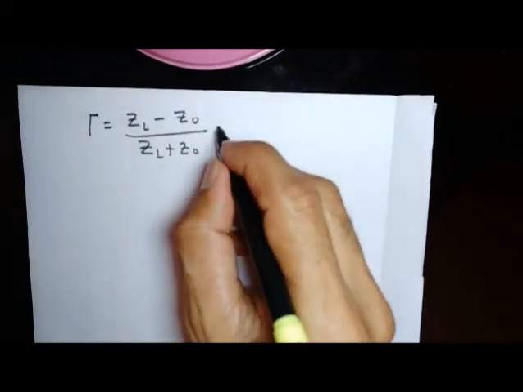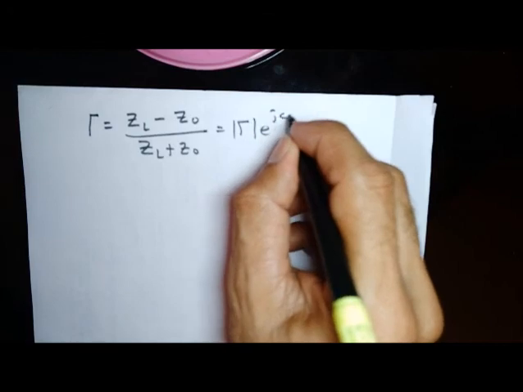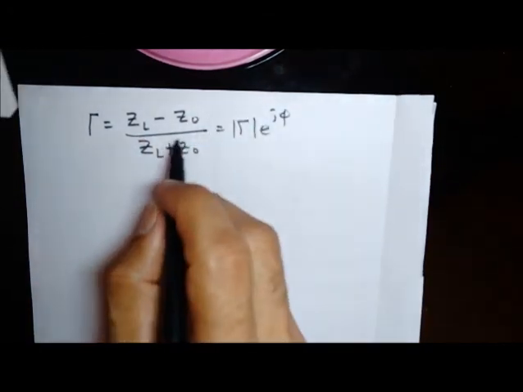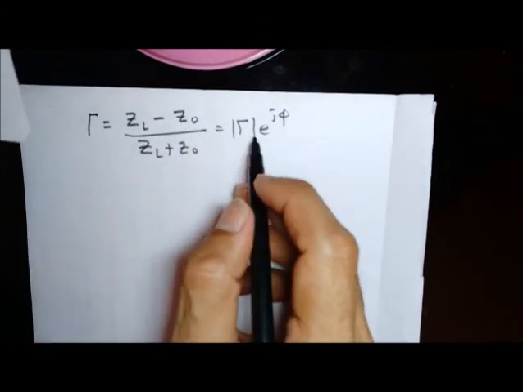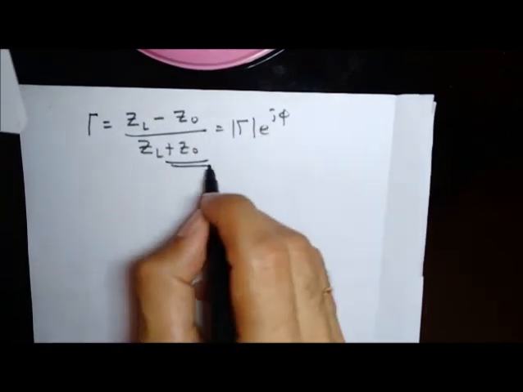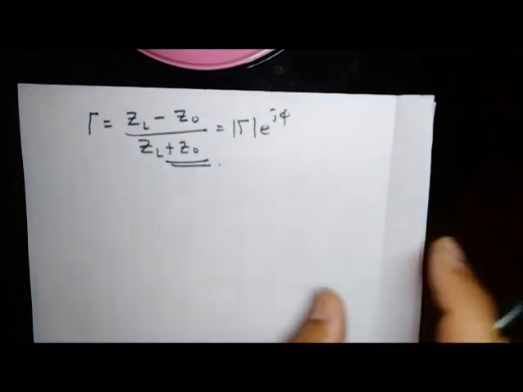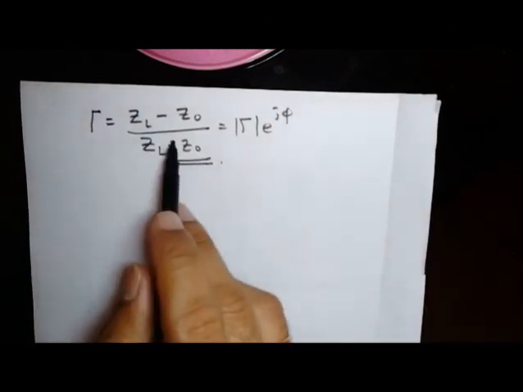In general this will be a complex quantity, because ZL can be complex and Z naught can also be complex. So that is another important thing that we learn from this analysis, the relation between the reflection coefficient and the characteristic impedance.